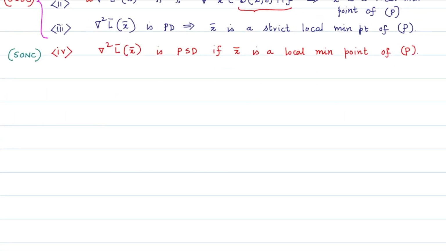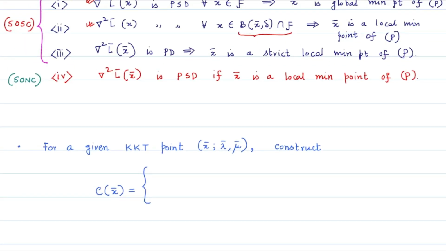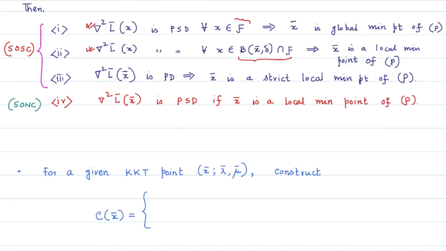And then after identifying the expression for the restricted Lagrangian L bar for a given KKT point, we construct the following cone of spatial directions. And we will find that inside this constructed cone of spatial directions, if these Hessian matrices, these and these, are definite only on this cone of spatial directions, then also these two implications are true.